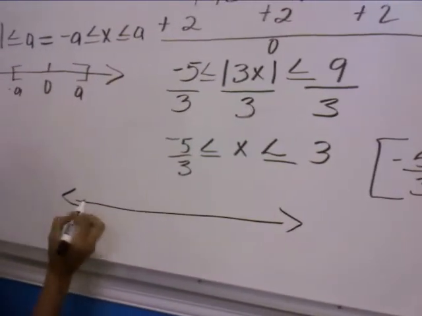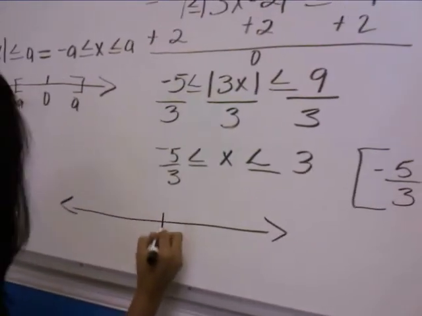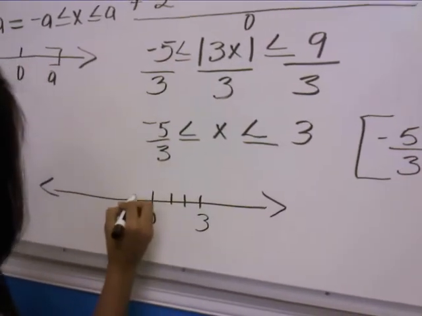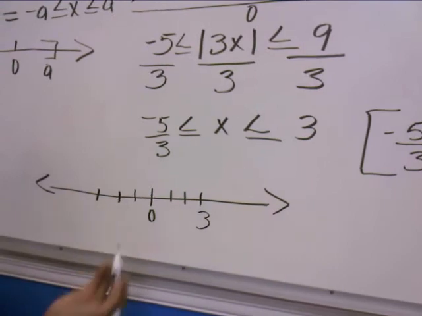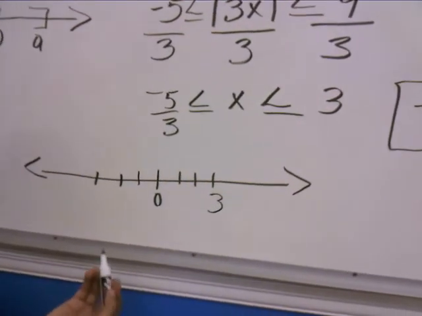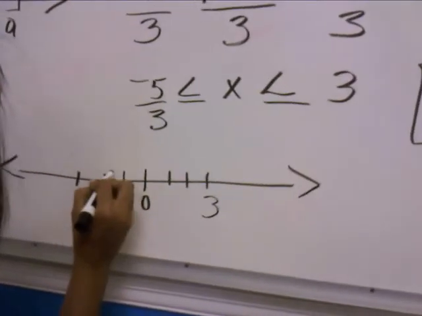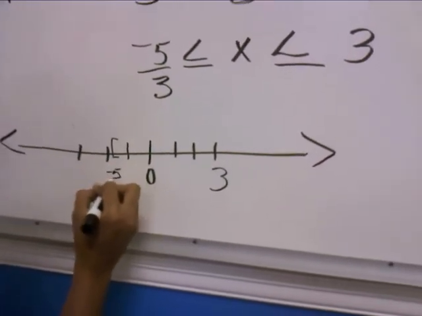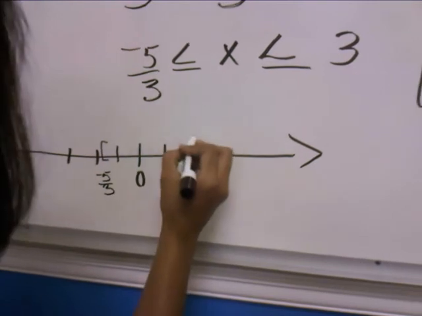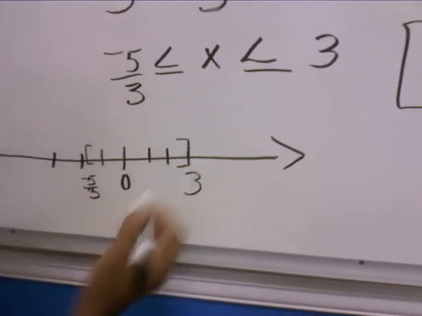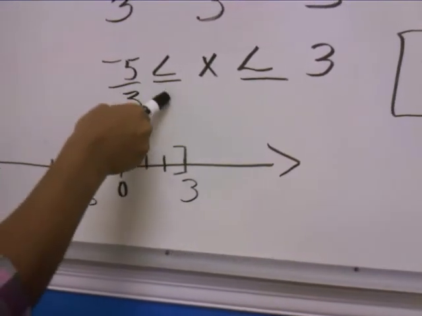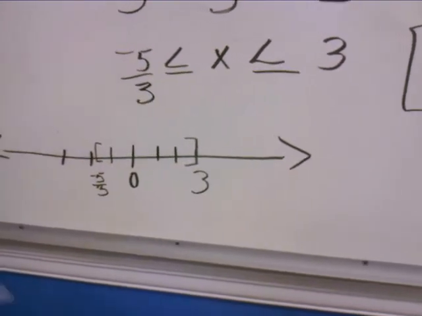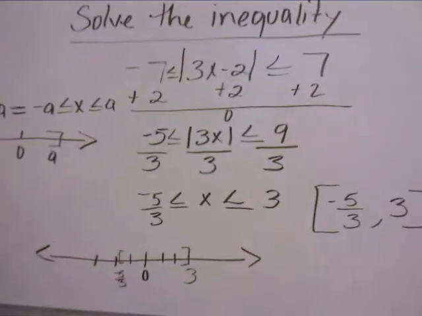We put the 0, 1, 2, 3 right here, and we have negative 5/3, which would be a little bit in between here. And remember to put the brackets, because once again, this problem is included, so we use brackets. And that is pretty much it for absolute value inequality.